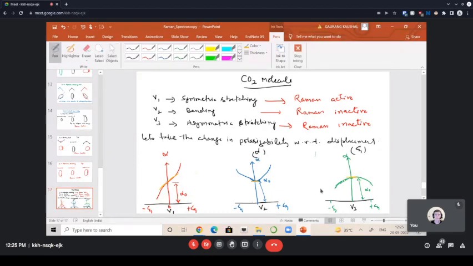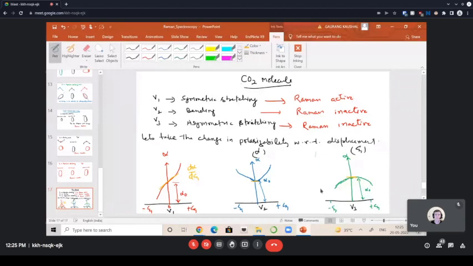So if I find out d alpha upon d zeta at zeta equal to 0, that is the change in alpha with respect to change in the displacement coordinate, that is the slope.